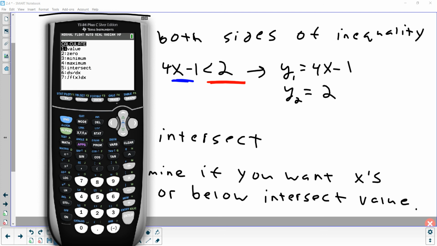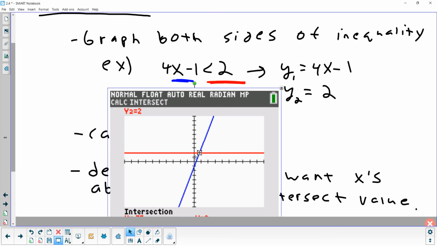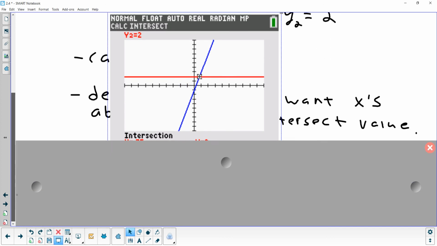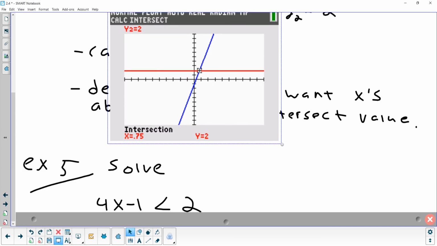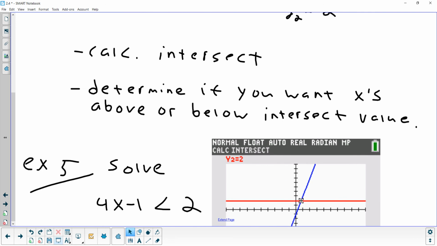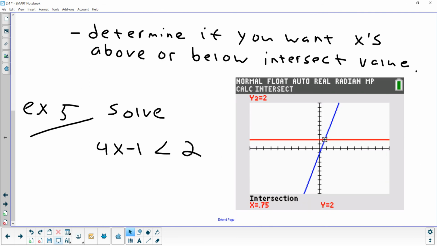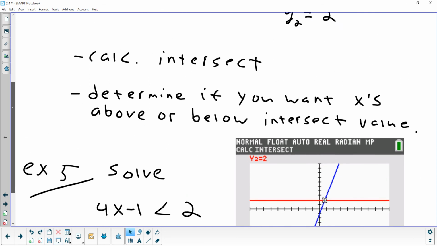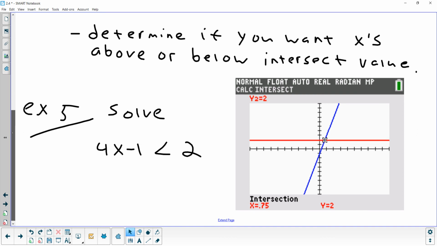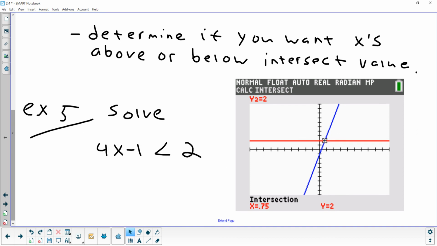So let's do second calc, intersect. Blue, red, guess. And look at what it tells me. It tells me that they intersect at 0.75.